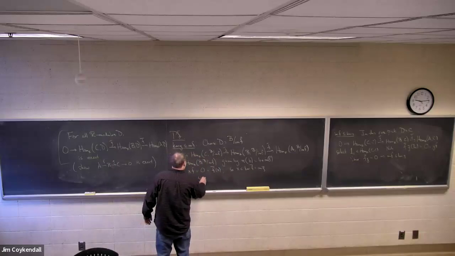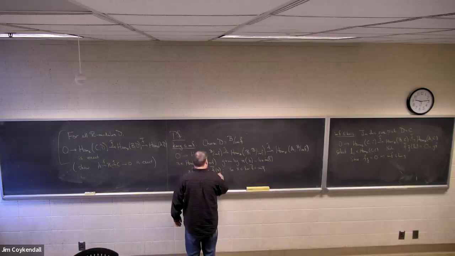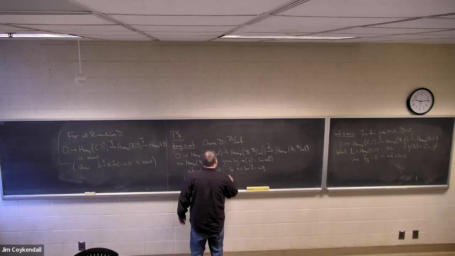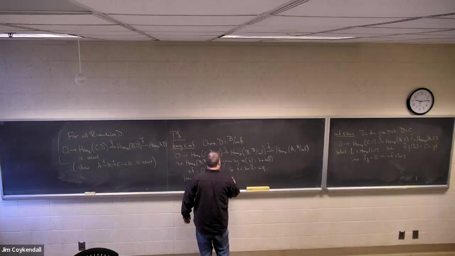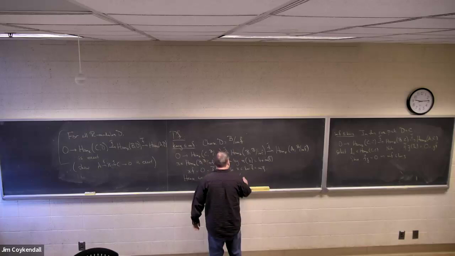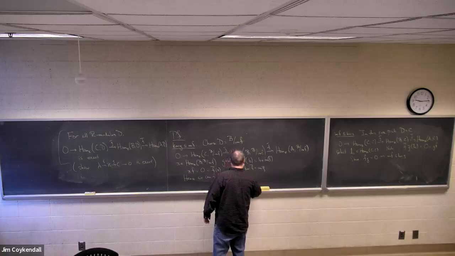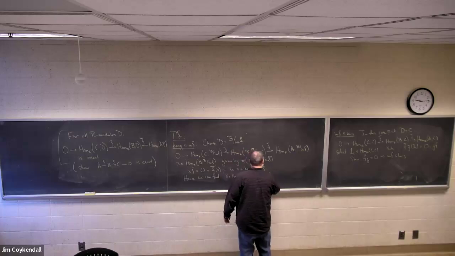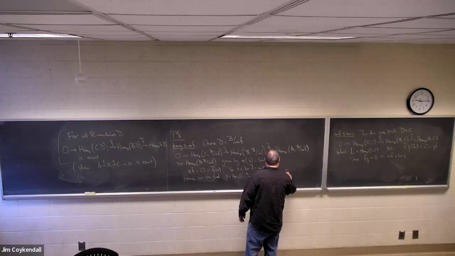If it's in the image of G bar, hence we can find, let's call it gamma, in Hom(C, B mod image F) such that G bar of gamma, which is gamma G, is equal to pi.